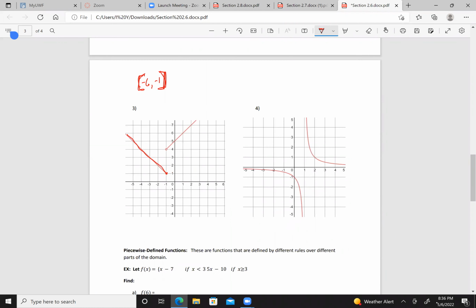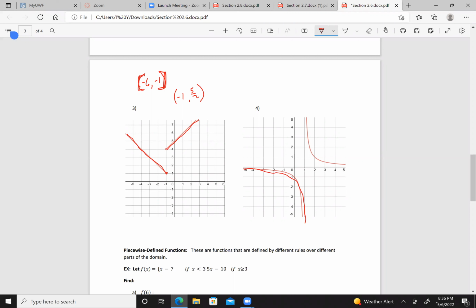Okay, then it picks up here at -1, but it's not included. And it goes on and on and on to, looks like, 5/2. So that is where it's continuous. Same thing here. I'm starting to think there's supposed to be arrows on this, but we'll keep going. And draw it all.